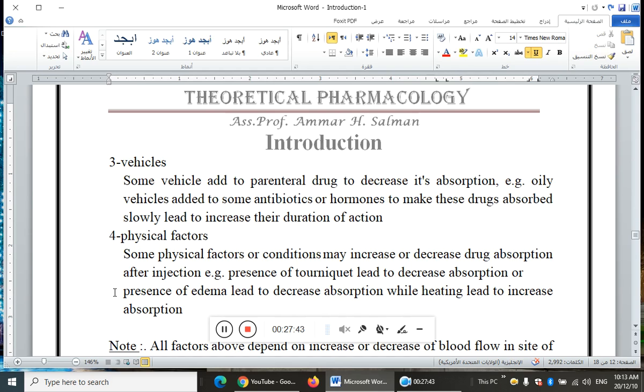Mainly hormones have an oily material added to make their action longer. Why? Because the oily material will decrease the absorption of these hormones, which means they stay for a long time in the site of administration, and then the duration of action will be longer.